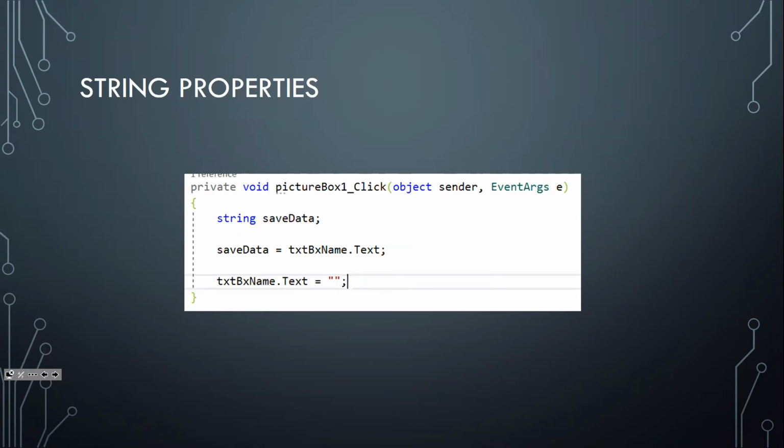So if you're getting some sort of weird error, make sure you have the .text property specified in your line of code if that's what you indeed want to work with. A very common mistake is for people to say, I want to set textboxName equal to nothing and leave out the .text property. And it'll give you kind of a weird error. So just remember, you've always got to specify that property name.